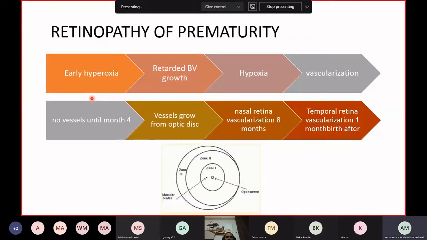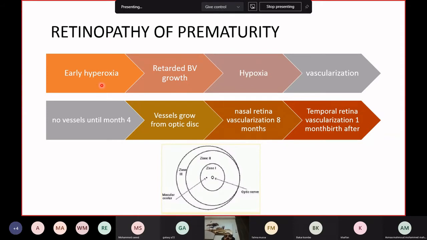So the pathogenesis will entail that when the patient is born, just breathing normal air, even without giving supplemental oxygen, will put the patient in relative hypoxia in relation to the in utero life, in which he depended on the oxygen coming from the placenta.